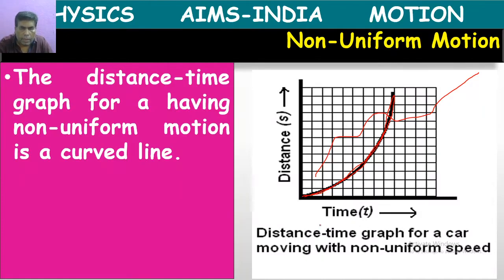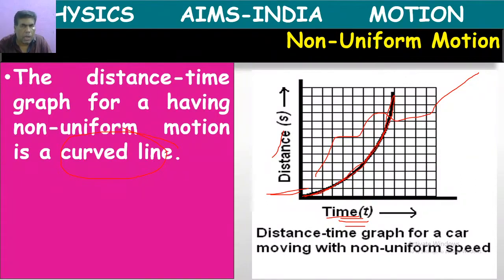Here the time may be equal and distance unequal, or distances may be equal and time unequal. So one is equal, the other is unequal. Then it is called non-uniform motion. So this curved line is an example of non-uniform motion.